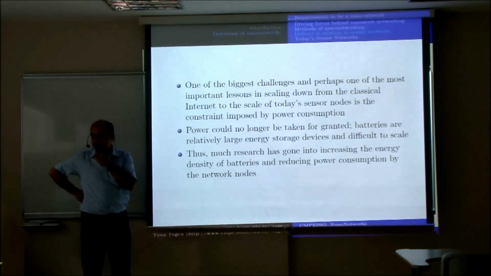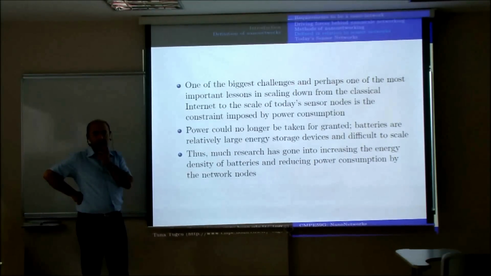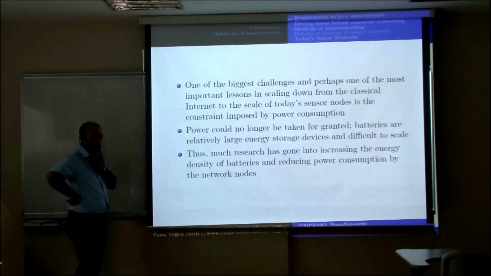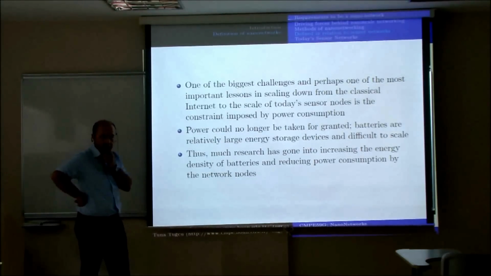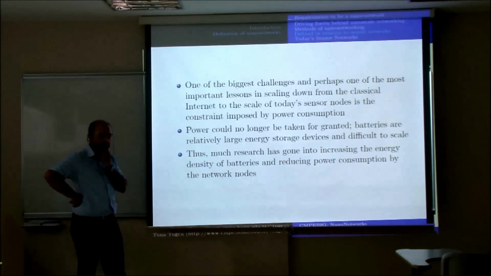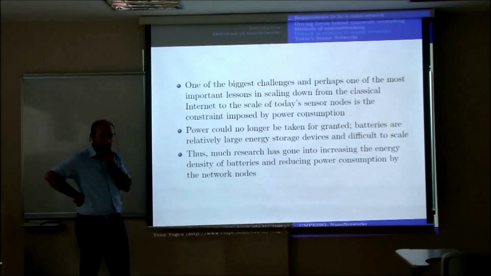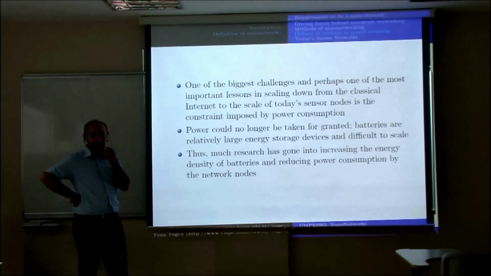For the case of laptops, for example, in the case of MANETs, mobile ad hoc networks, we were somewhat considering the battery power. When we went to sensor networks, now power became more important. For the case of nanoscale networks, power is much more important. It may limit your transmission rate, for example.